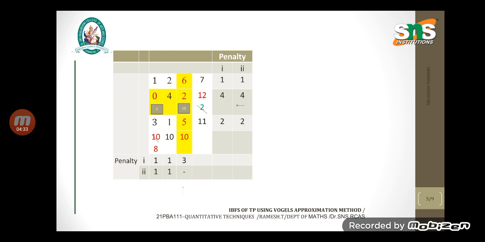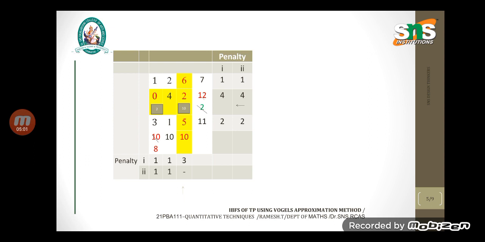On the column side, the difference of 3 and 1 is 2, the difference of 1 and 2 is 1. So here the maximum penalty among the row and column penalties is 4.